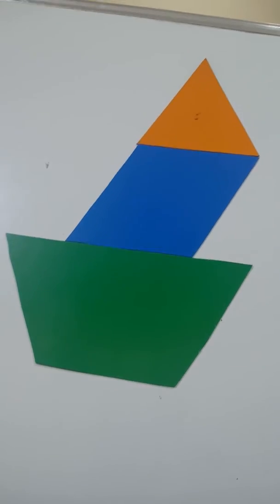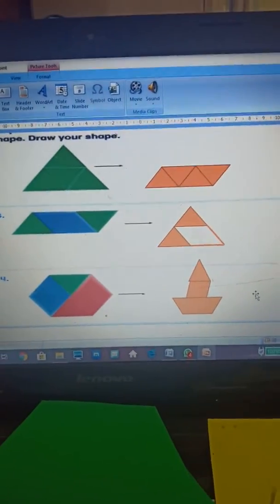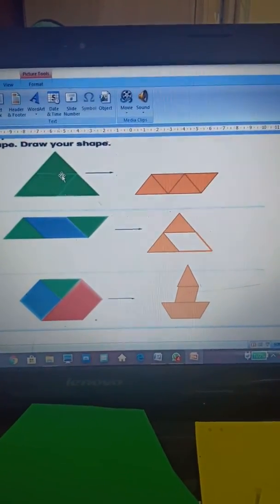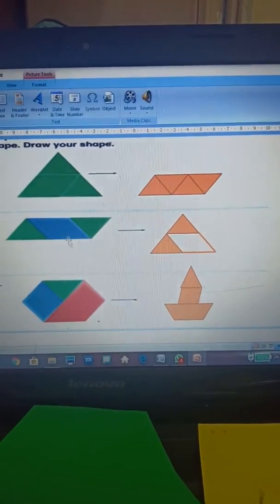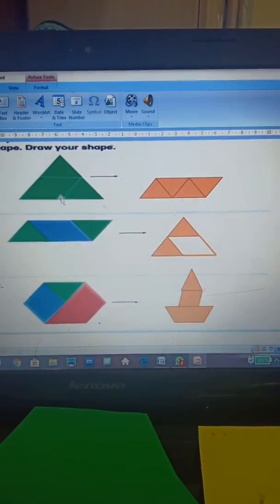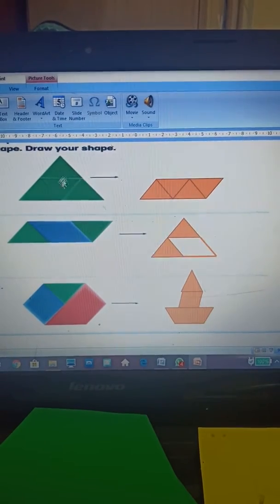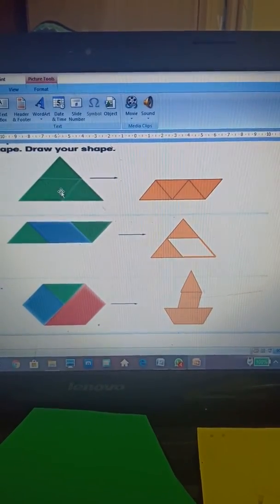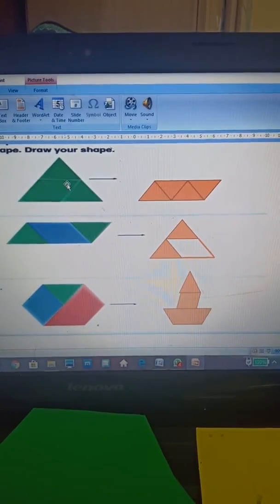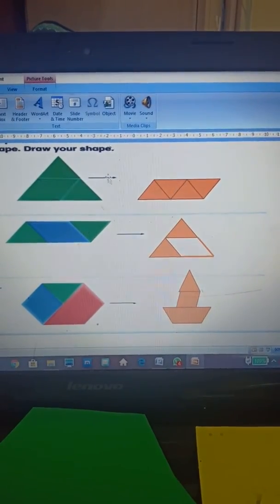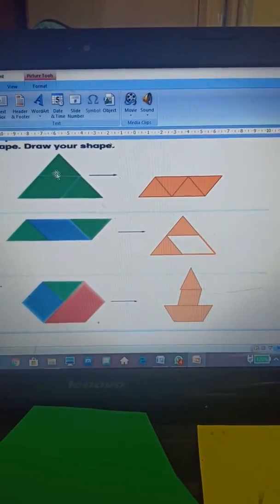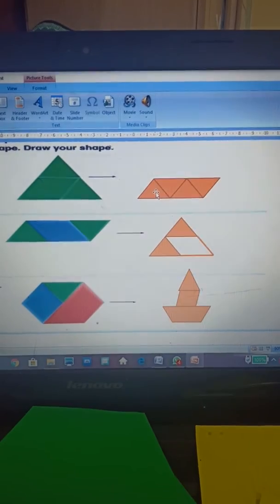This is now our new shape. Again, these are composite shapes. We can have another new shape out of those shapes being used, from a composite shape into a new composite shape.